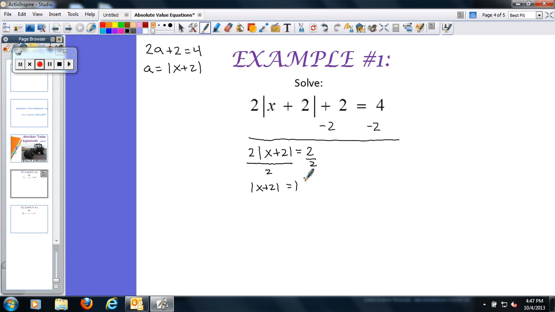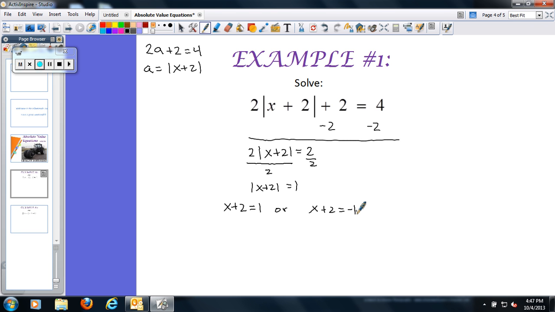Now I can get rid of my absolute values and make my two equations. So I have x plus 2 equals 1, or x plus 2 equals negative 1.